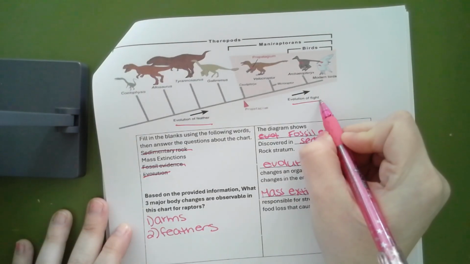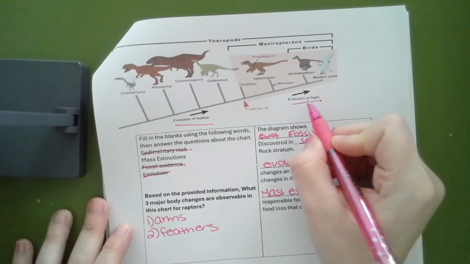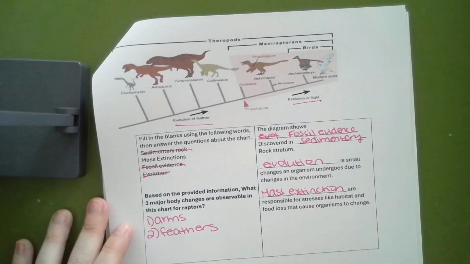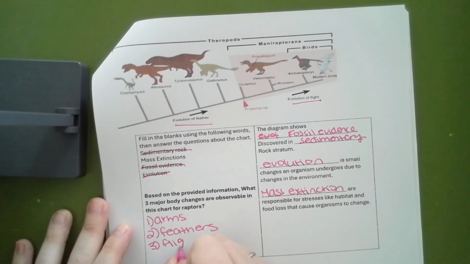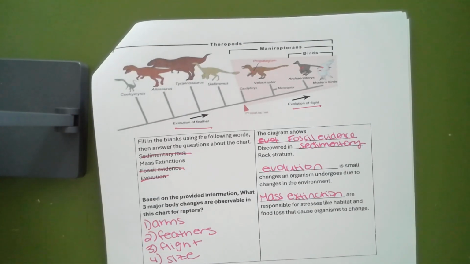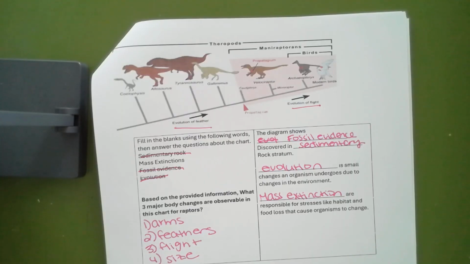Evolution of flight. Wings. We said something was happening with the arms. What about the size? Yeah, they're getting smaller. That's because there's not as much oxygen, so they can't be as big. There's not enough things to support a Tyrannosaurus Rex, nutritionally speaking.